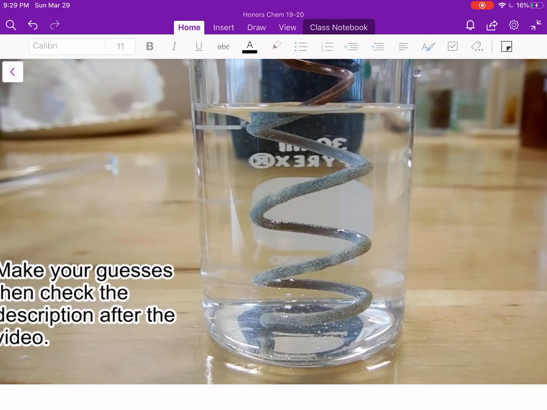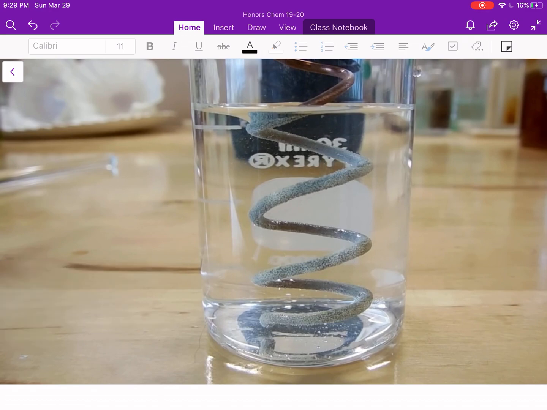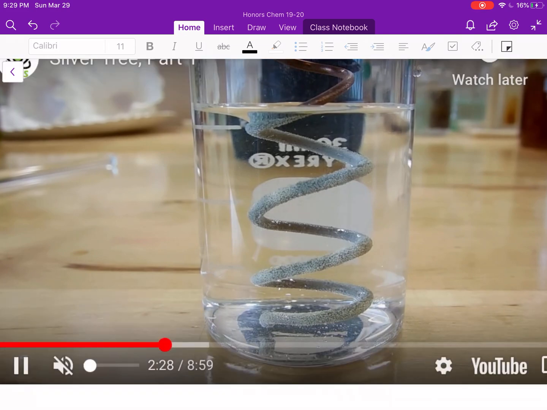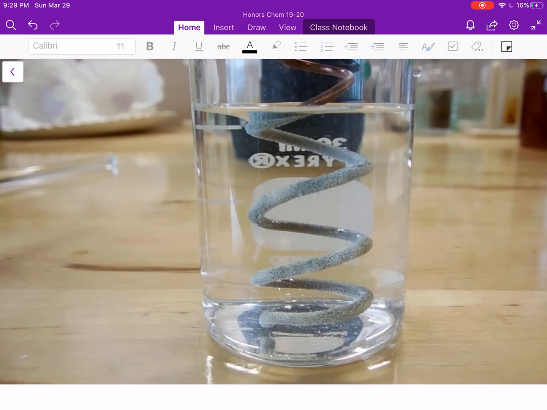We see that actually the copper is starting to get a little bit hairy. It's changing how we look at it. We can say that it's looking like it's growing fuzzy, like it's growing fur.